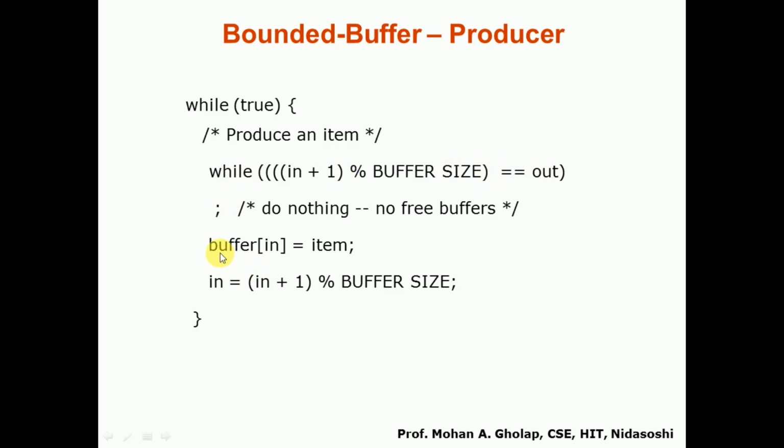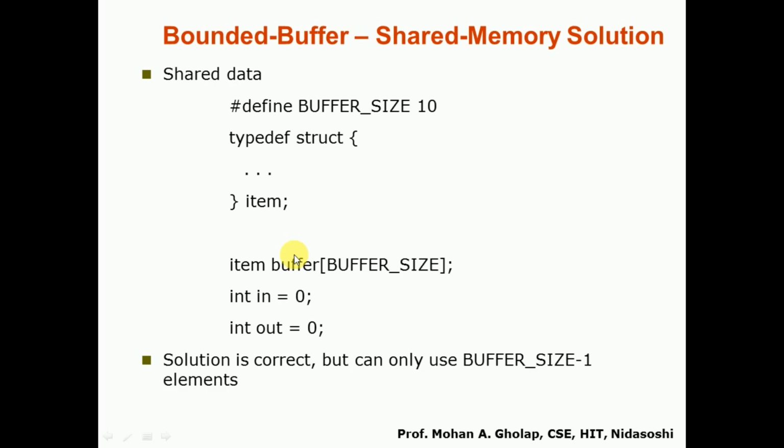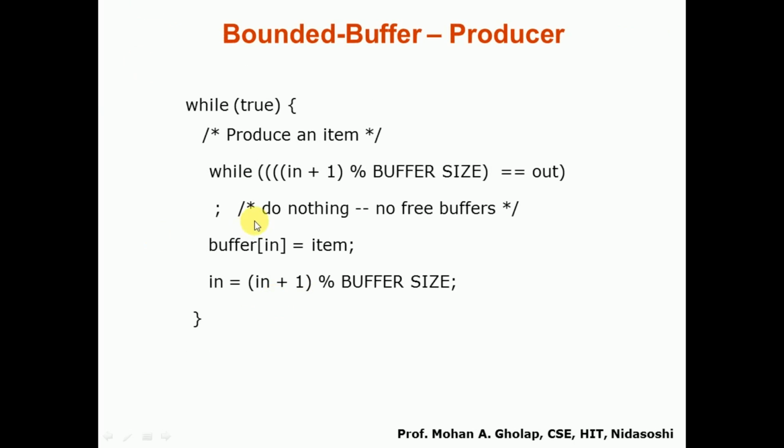When this condition is false, you can add an item to the buffer. So we have buffer[in] = item, because in the previous slide I told you in indicates the free memory block where you can perform the write operation. Once you add this item, you have to increment the in value: in = (in + 1) % BUFFER_SIZE, because the value should not exceed the buffer size.